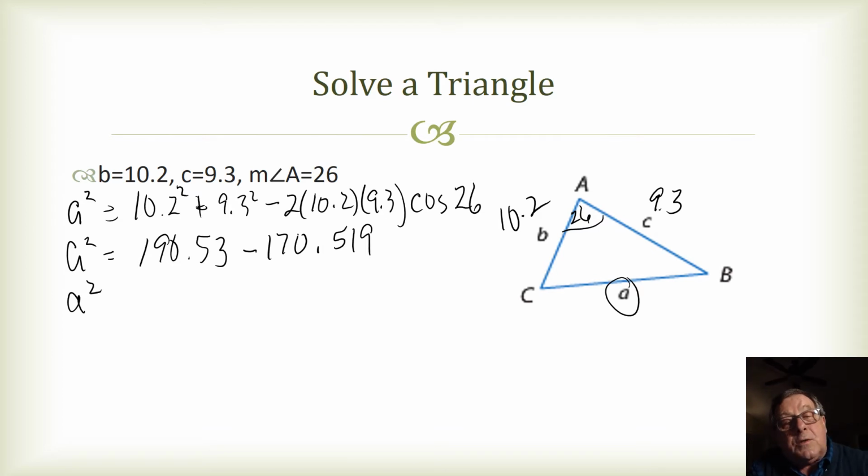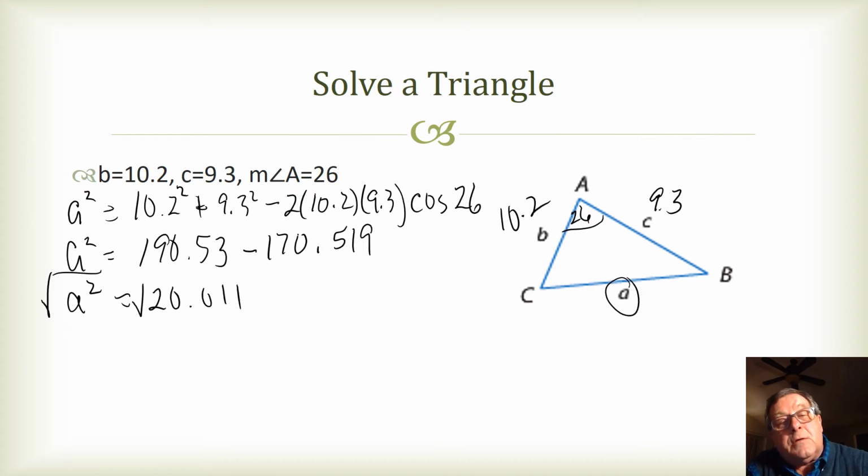All right, so let's see then. A squared is going to equal the difference between those two, 190.53 minus 170.519, and that is 20.011. So A squared is equal to 20.011. Well, let's take the square root of both sides here so we can get A by itself.